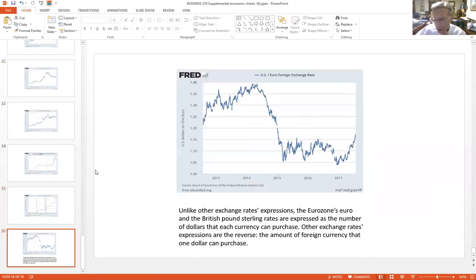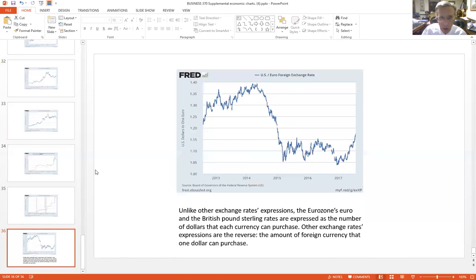And here we have the euro. And what you need to know, and the reason I wanted to show you these charts, is that this chart is the same as the others, although it looks to be the reverse. What's happened is that instead of asking how many units of foreign currency a US dollar can buy, now we're saying how many dollars a unit of foreign currency can buy.